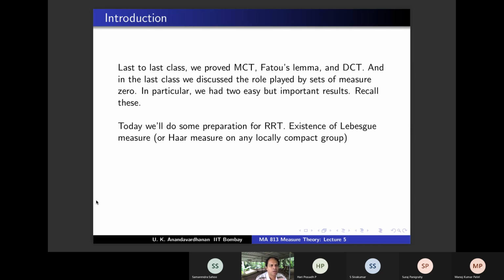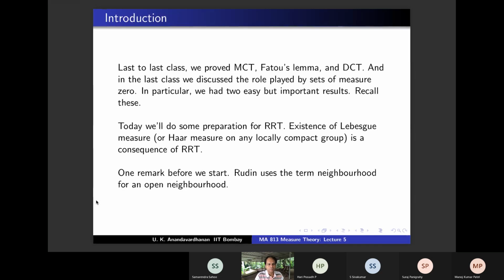Okay, one of those. So this is a consequence of RRT. We will see. And one remark before we start is that whenever in Rudin he uses the word neighborhood, he always means it to be an open neighborhood. He may not stress the word open, it is understood.